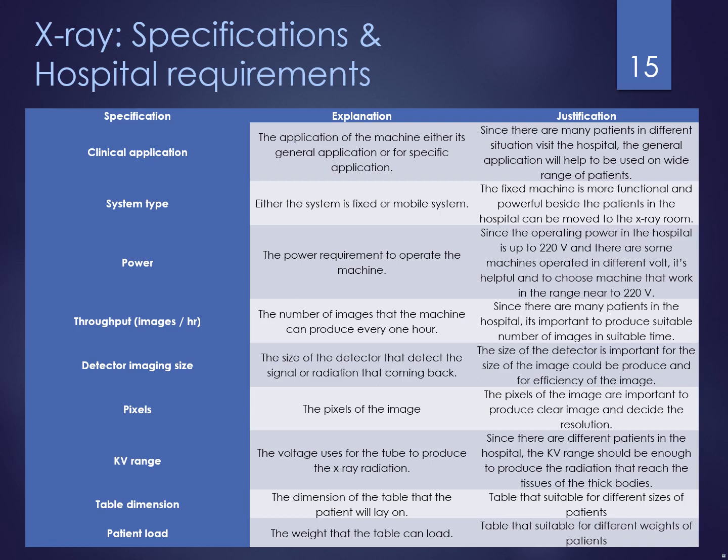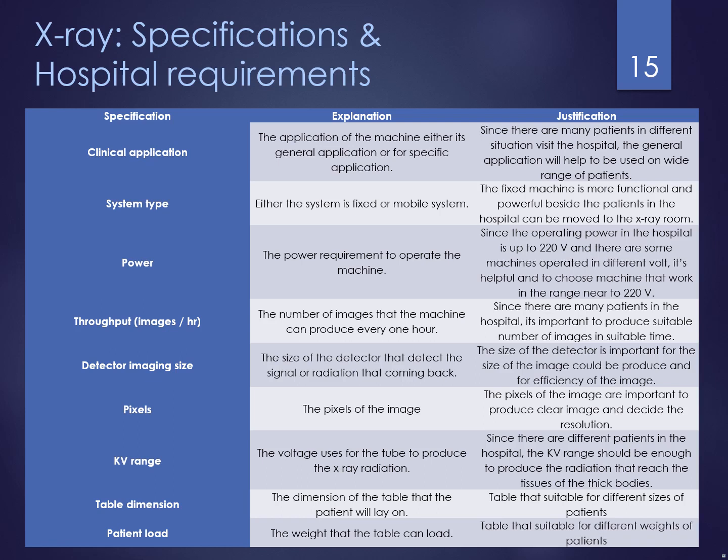Throughput is the number of images that the machine can produce every hour. Since many patients visit the hospital every day, it is helpful to produce a suitable number of images in a suitable time, and also serve many patients in a good time.